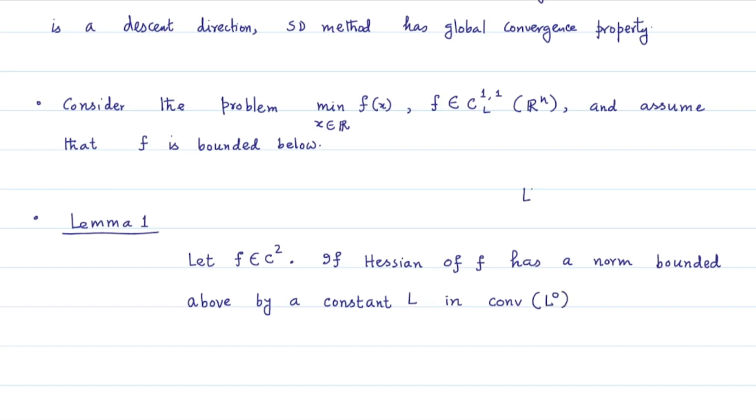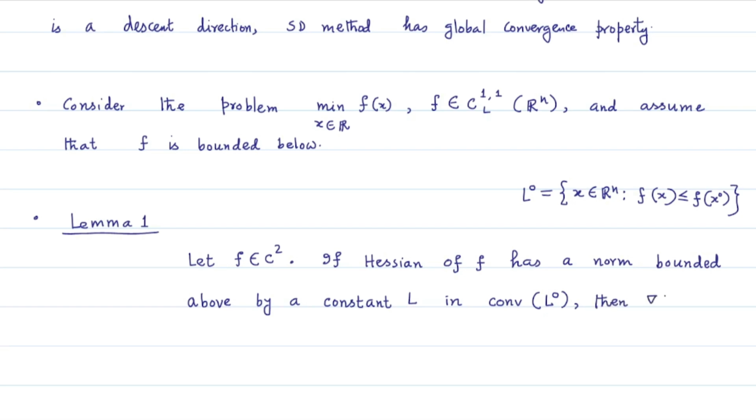By initial level set L0, we mean the collection of points in Rn for which the function value is less than or equal to f at x0. x0 is the initial point to start the steepest descent method.